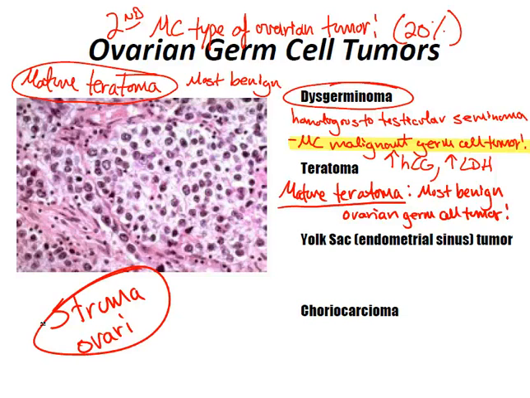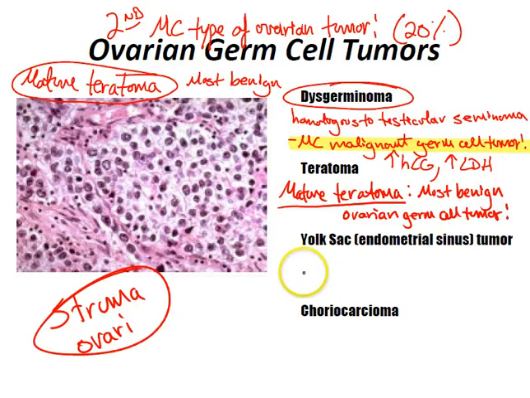Very good. So let's talk about a yolk sac endodermal sinus tumor. What do we know about these guys? Well, they're an aggressive malignancy in the ovaries or testes in the boys and the sacrococcygeal area of young children.